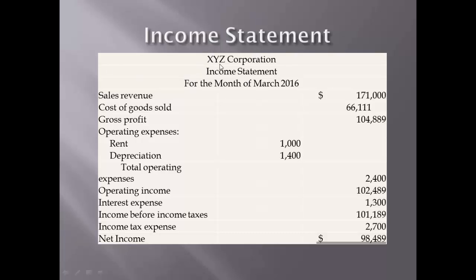So for XYZ Corporation, for the month of March 2016, we have sales revenues and expenses, resulting in net income of 98,489. Thus, we can say that the income statement reports sales revenues, expenses, gains and losses during a specified period.